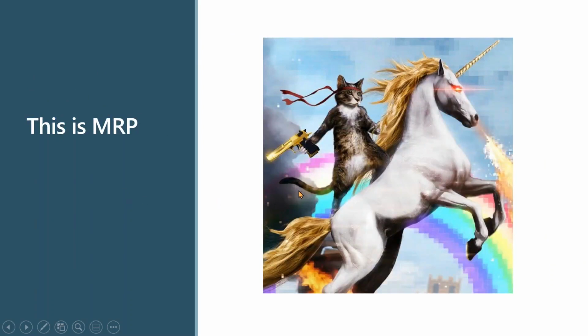MRP is my cat riding a unicorn with glitter and rainbows, and it's the what could I possibly be doing? Can I be doing this? Can I flex that? What would be the best way of driving inventory to zero? What would be the best way of optimizing all my resources?